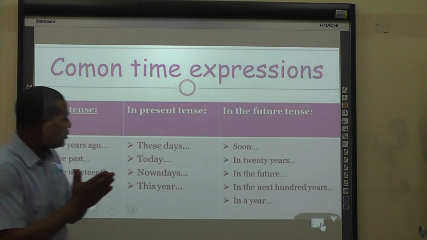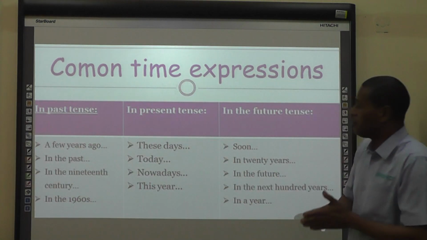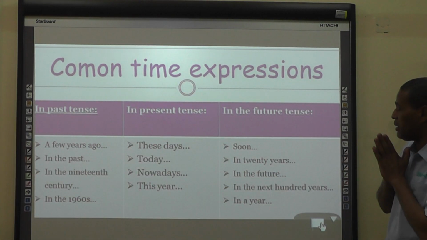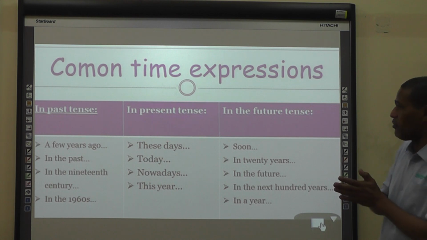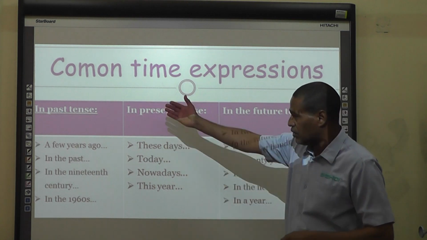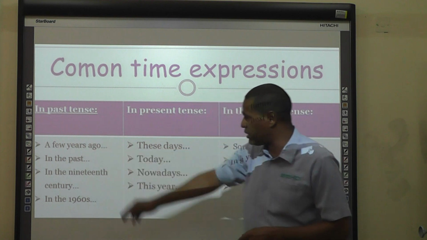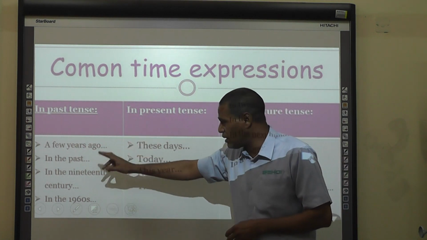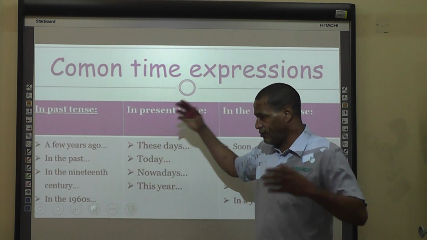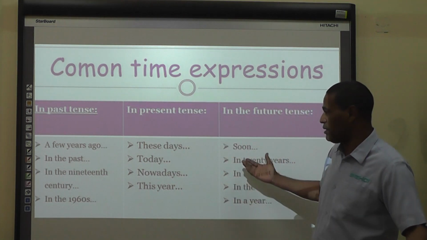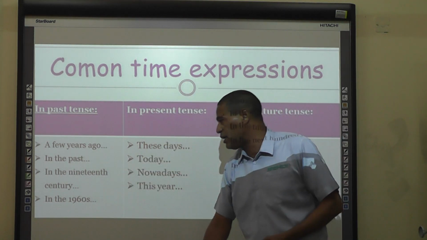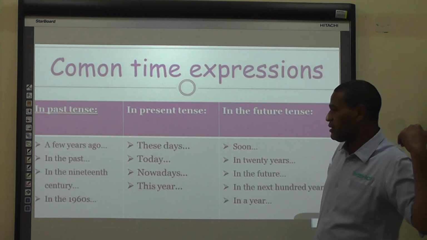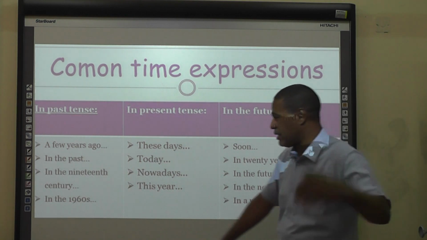So again, in short, these are more time expressions, or some of the common ones. For the past, we can say a few years ago, in the past, in the 90s or 19th century, or during the 90s or 70s or something like this.